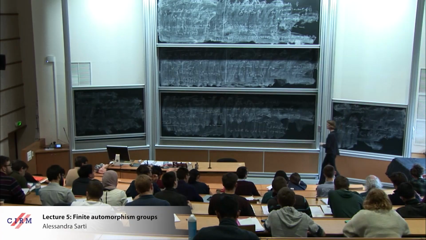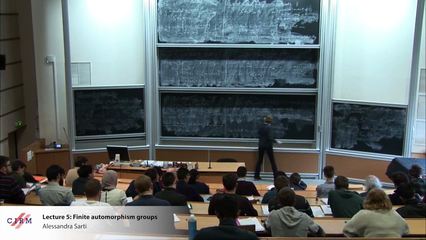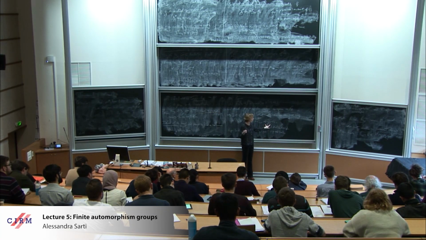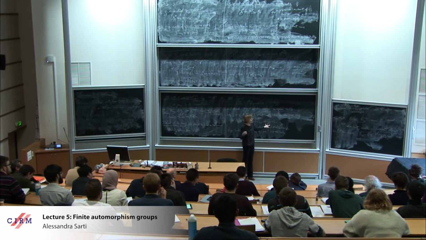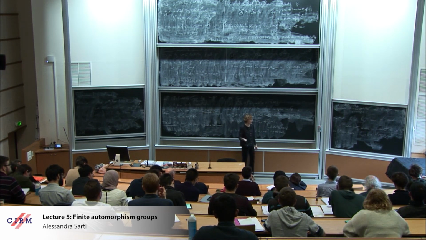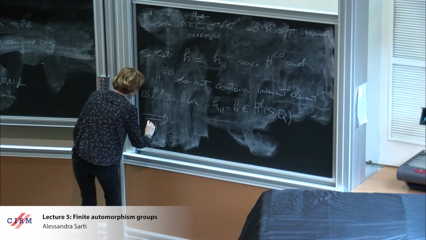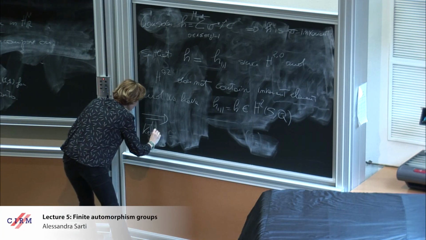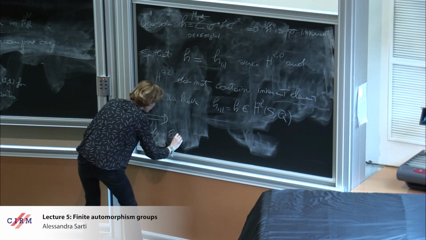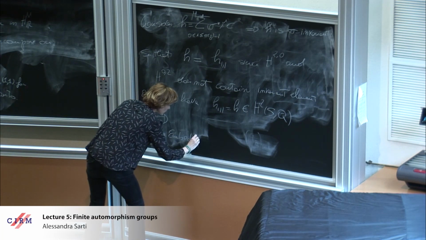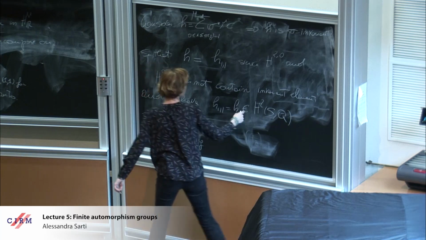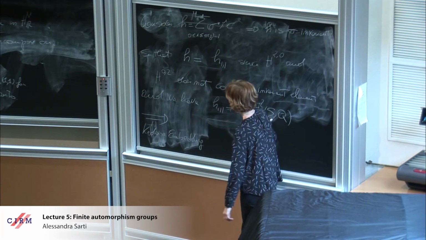And remember, this is a Kähler form, and an automorphism sends a Kähler form to a Kähler form. So this part is really a Kähler form and is rational. So by the Kodaira embedding, you take some integer multiple of this, and it gives you the embedding.